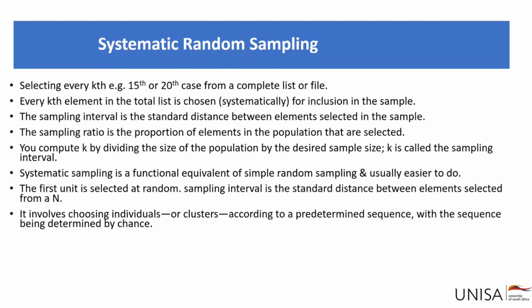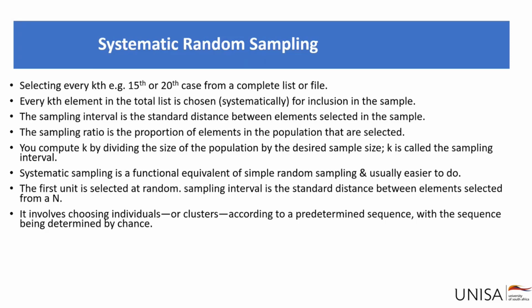Systematic sampling is a functional equivalent of simple random sampling and usually easier to do. That's also very easy. All the children at school, they come and I start counting them, and everybody who's K, I say stop. And then I start all over again, all K, I stop. Just to make it clearer for you. So the first unit is selected at random because the first one says it's 1, and then I start counting from there.